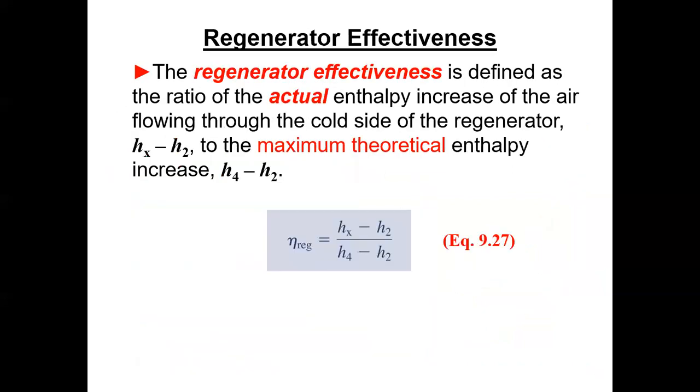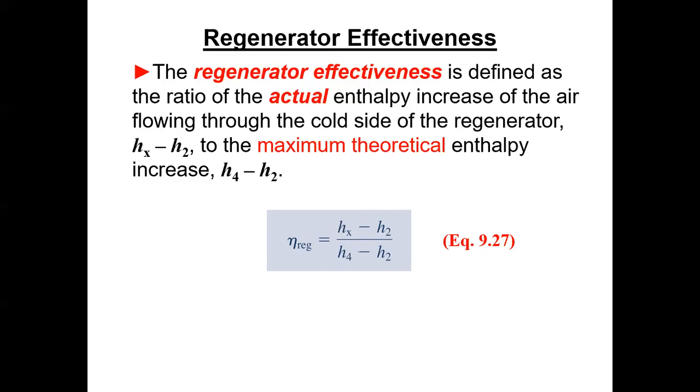Okay. So this is regenerator effectiveness. Hx is the actual temperature that we heat that air to at the exit of the heat exchanger, and H2 is what it comes in at. And H4 is the enthalpy at the max, the enthalpy of the hot air into the heat exchanger.